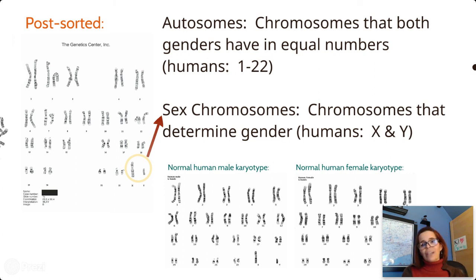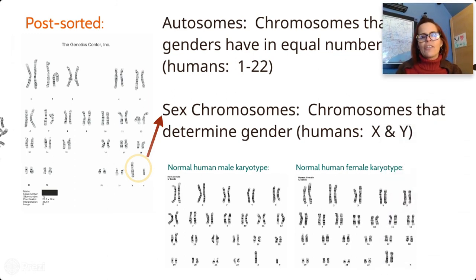We have 22 chromosomes that are the same, whether you are biologically male or biologically female. It's not until we get to the last pair that determines, at least, biological sex. And we're going to learn there are infinite combinations of things that can happen to the sex chromosome.